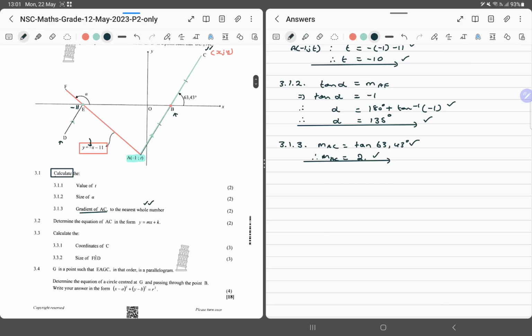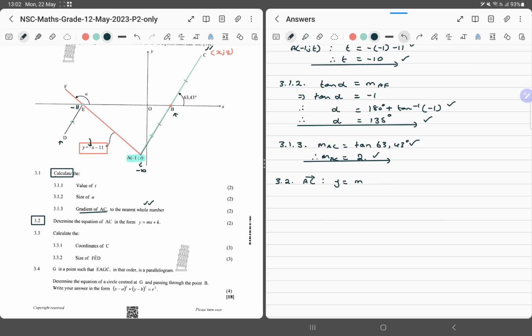Anyway, so it says determine the equation of AC in the form y equals mx plus c. So easy question here, because we've already worked out what t is. It's minus 10. So 3.2, we know that AC is such that y equals mx.